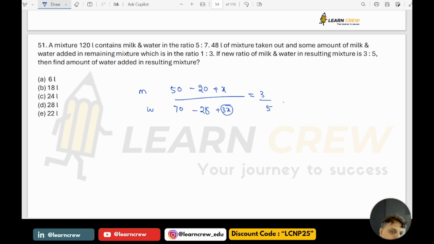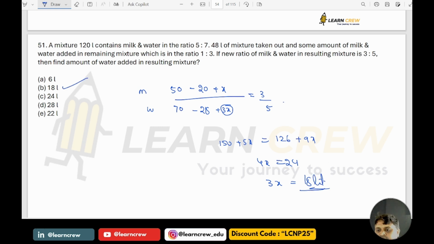So 50 minus 20, 30. 30 into 5, 150, plus 5x. 70 minus 28, 42 into 3, 126, plus 9x. Now 9x minus 5x, 4x is equal to 24. So 4x is 24 means 3x is 18. We need 3x, that is 18. So the answer is 18 liters.